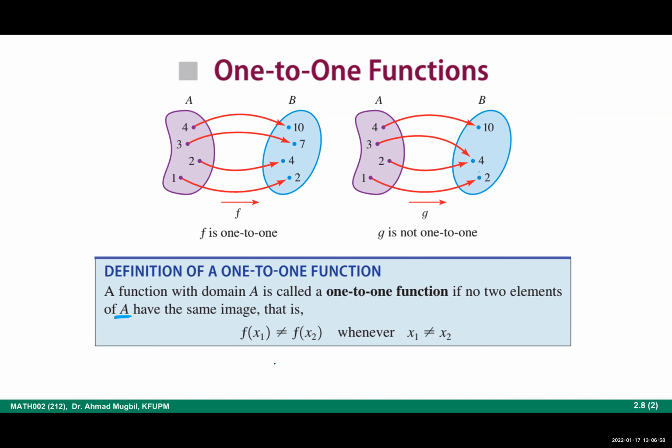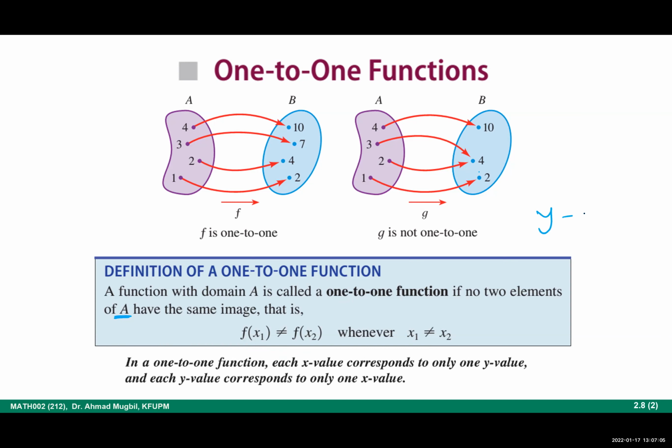I prefer to connect this to the definition of a function. If you remember, when you have y equals f of x, we said that it is a function if for each x value, there is a corresponding y value.